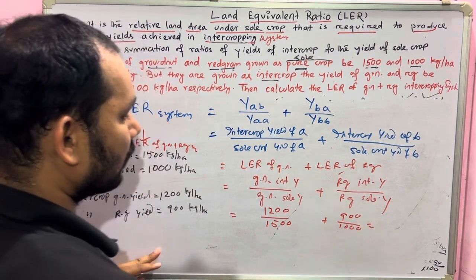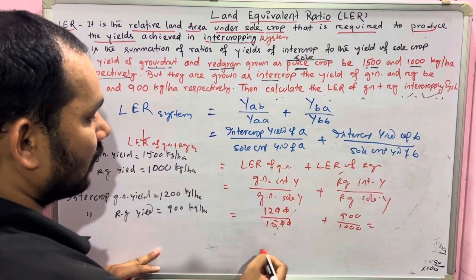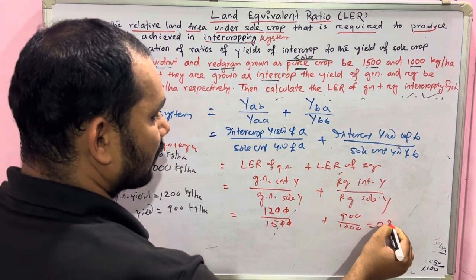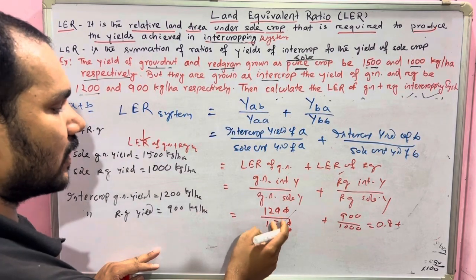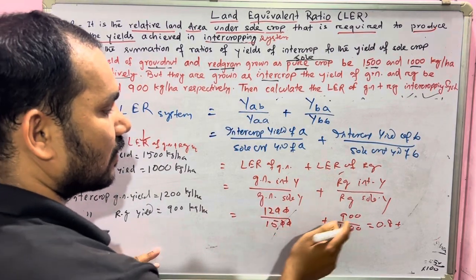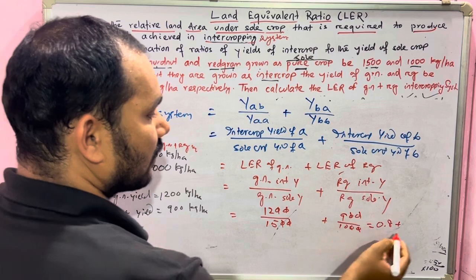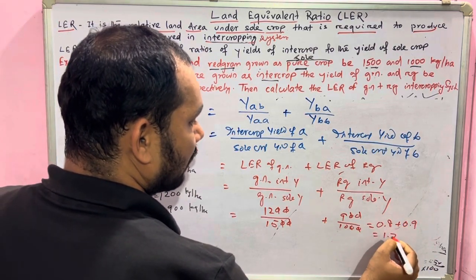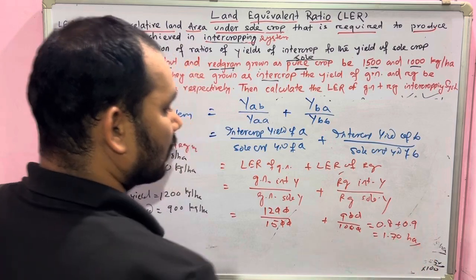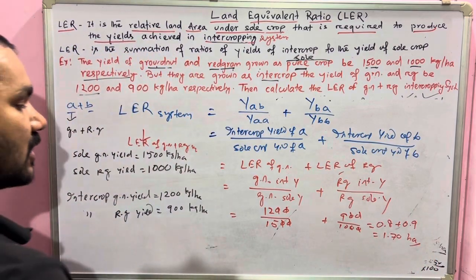Then what is the value? It is 0.8 plus 0.9. The value is 1.70. That means how much area is saved?